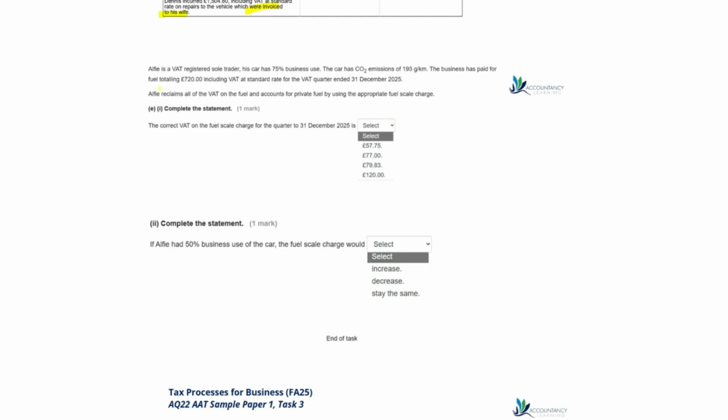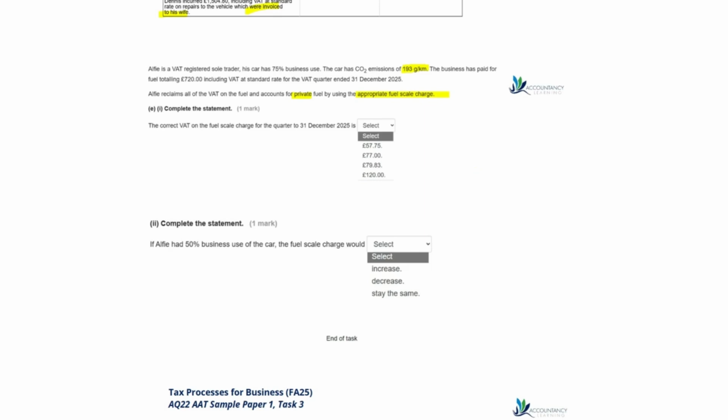He reclaims all of the VAT on fuel and accounts for private fuel by using the appropriate fuel scale charge. So now when we're looking at this information, we are going to want the emissions for our fuel scale charge. And that's how we're going to deal with the private fuel. So the 75% is irrelevant now because we're just going to deal with it by using the fuel scale charge.